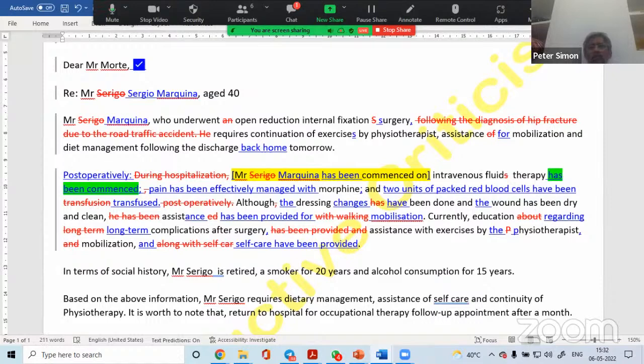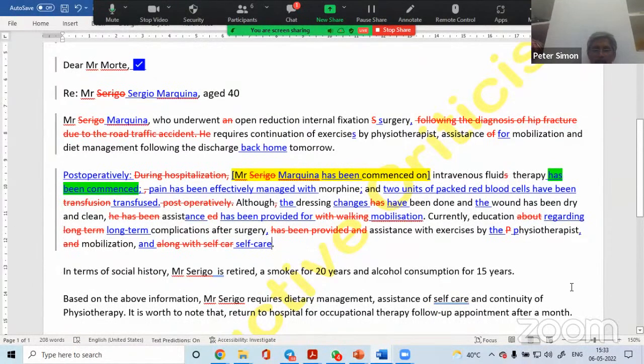All education, sorry, has been provided. Has only. Has been provided. Or you can also write like this.